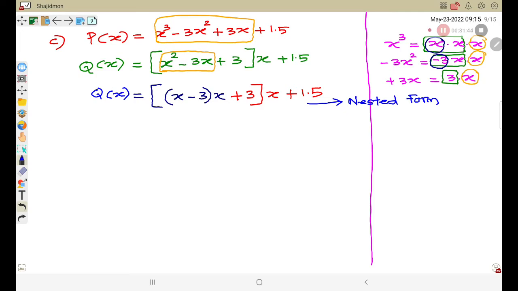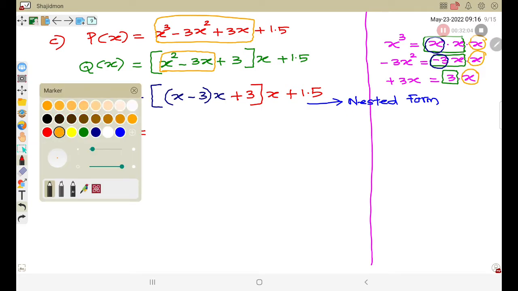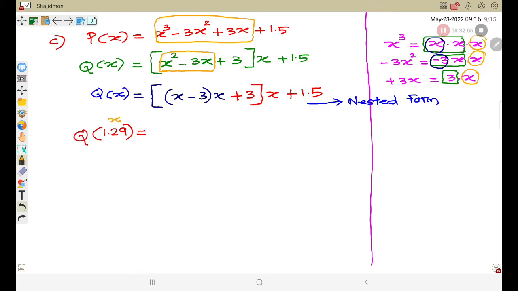Now we are going to do the calculation. What is our question? Nested polynomial value we need to evaluate. That means Q value we need to evaluate at the same number, 1.29. Using the nested method, what is the approximate value? So just apply x number here. What is the x number here? 1.29.